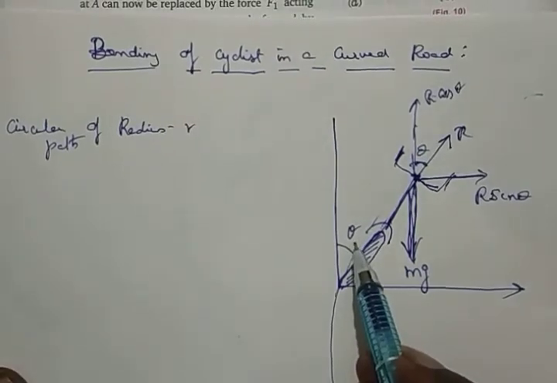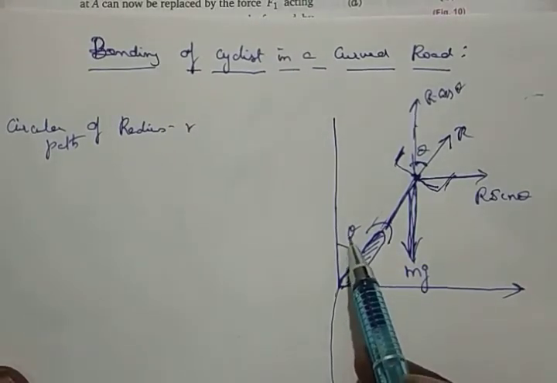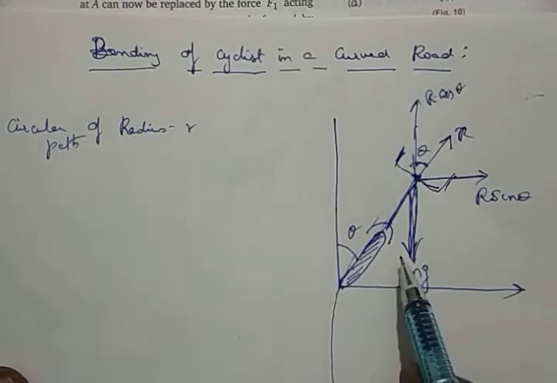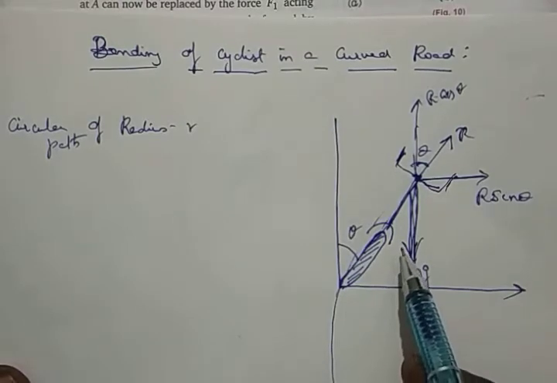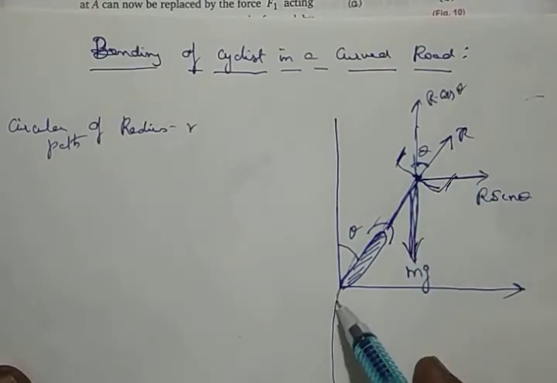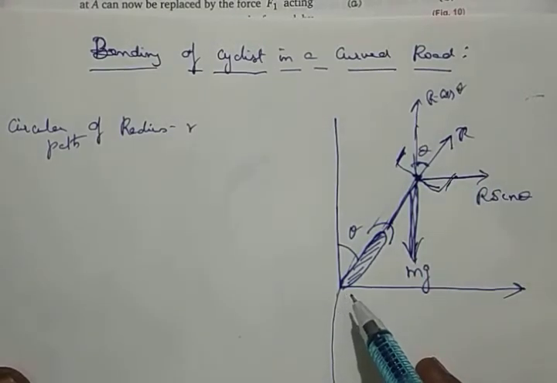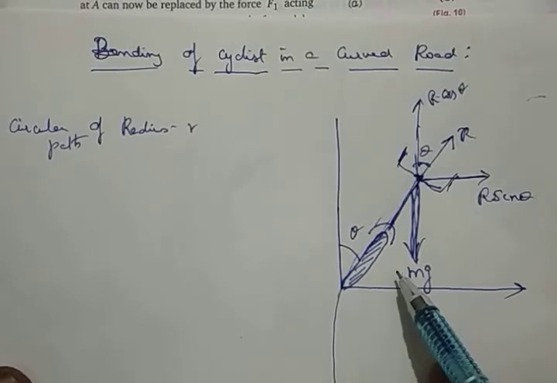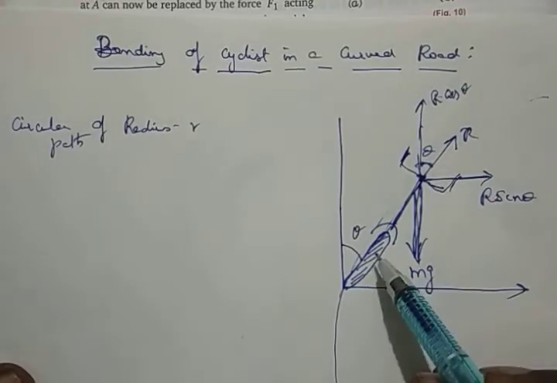If theta is the angle he bends from the vertical, the normal reaction, which acts along the wheel, can be resolved into two components.